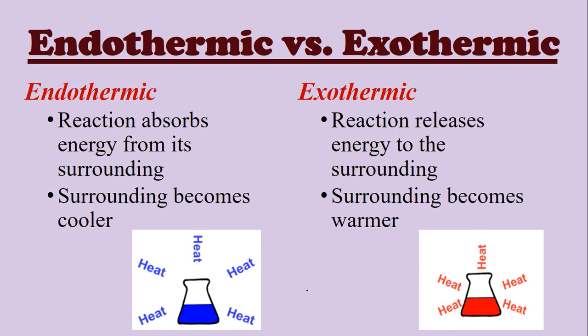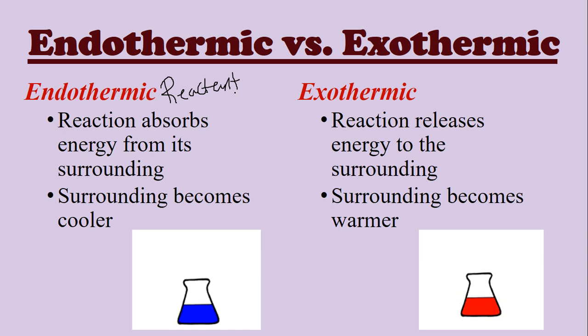Now, in some reactions, some equations, you'll have words like heat or light. Endothermic reactions are reactions that absorb energy from the surroundings. So if it's going to be endothermic, this is going to be a reactant.